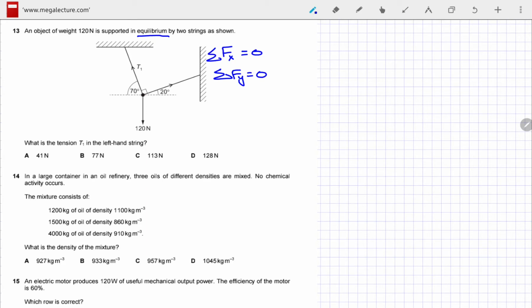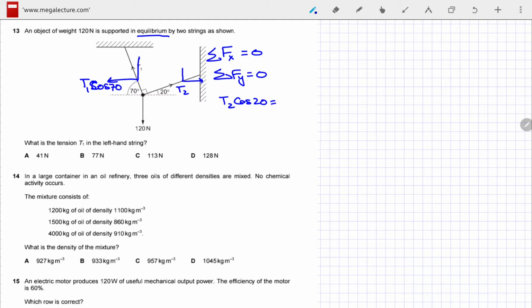So the net force on this object is 0, which means that if I have this as T2, then if I break it into components, the horizontal component is T2 cos 20, and the horizontal component of this one will be T1 cos 70.